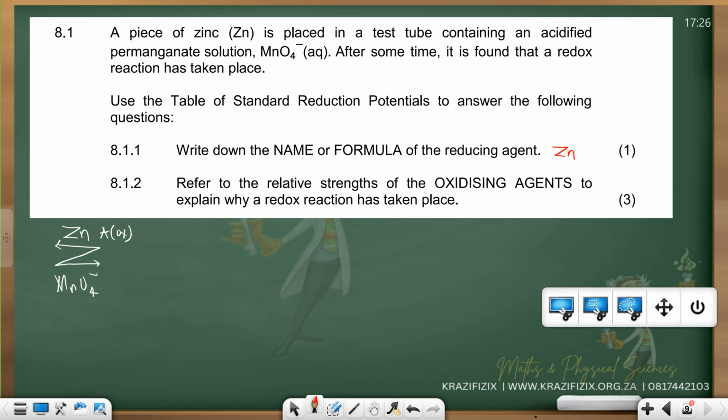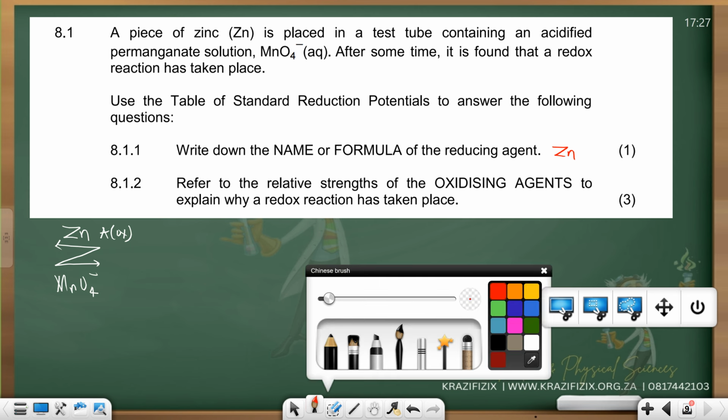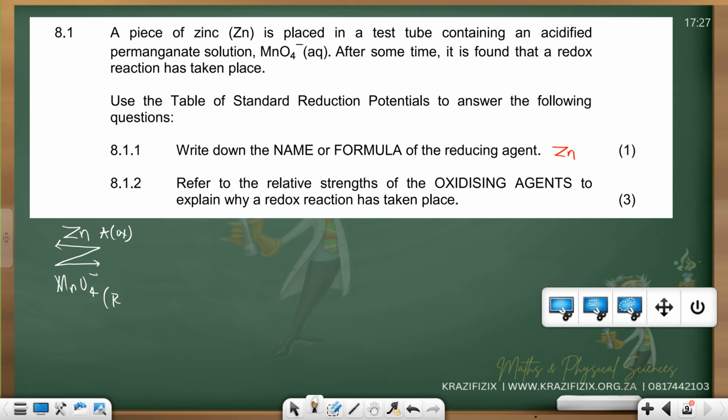Refer to the relative strength of oxidizing agents to explain why a redox reaction will take place. So we are looking at oxidizing agent. Which one is a stronger oxidizing agent? MnO4, permanganate ions, because it is reduced, remember? Once you use the table, you are done.